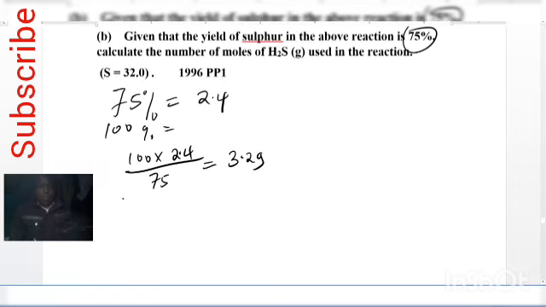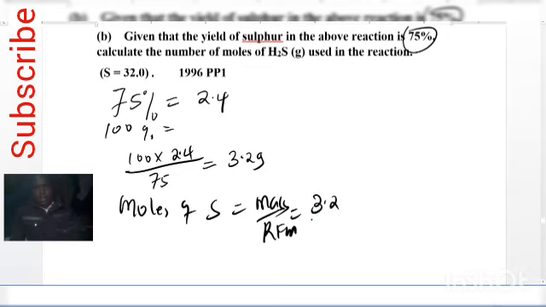Now moles of sulfur is equal to mass over RFM, and that is 3.2 over 32. So it means moles is 0.1. So the moles of sulfur is 0.1.